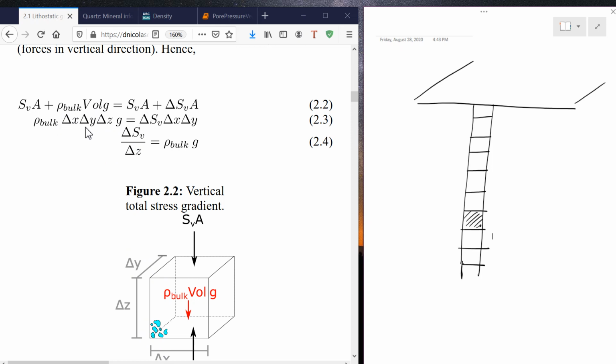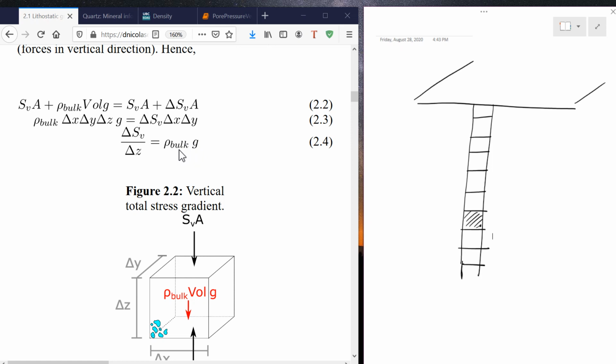And also, if I consider that the volume of this cube is delta x, delta y, delta z, then I obtain this equation 2.3. And if I divide all of that equation by delta x, delta y, delta z, which is the volume, I obtain that the variation of stress SV with depth delta z is equal to the mass density of the rock times the constant of gravity.